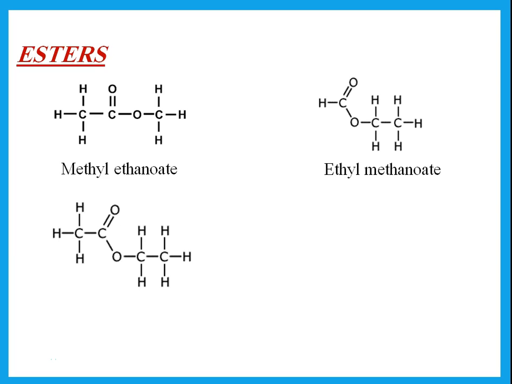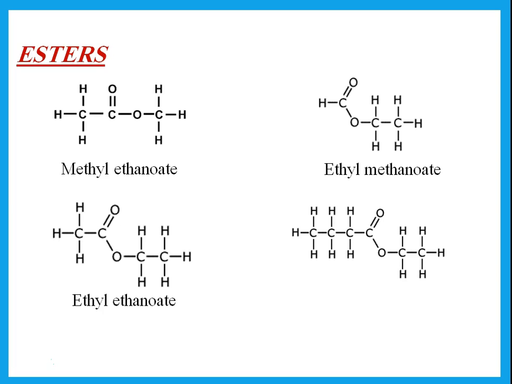The alcohol part, the last part, has 2 carbons, so that is ethyl. The acid has 2 carbons also, so that is ethyl ethanoate. What about this one? The part with 4 carbons all behind each other, that was the acid. And the part that has the 2 carbons after each other, that was the alcohol. So that is ethyl butanoate.